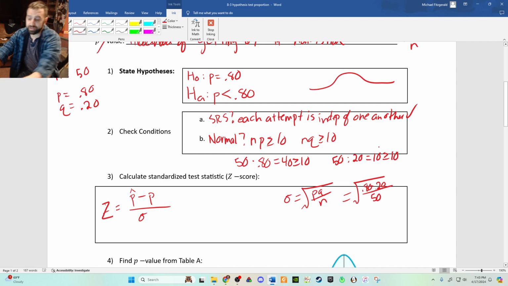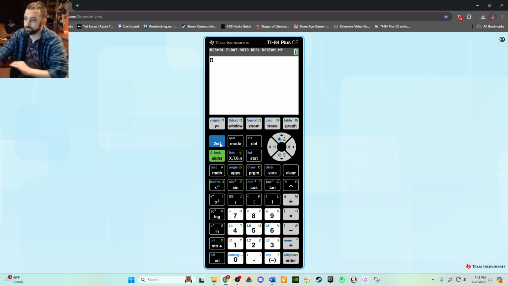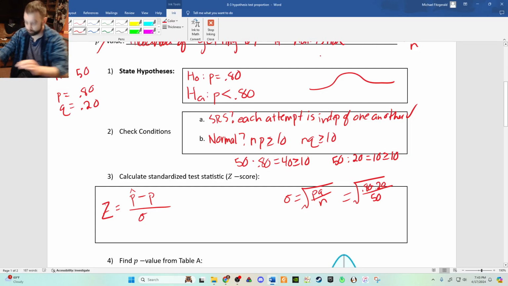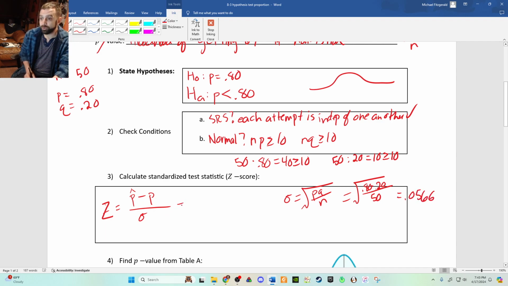Let's find that in the calculator. Square root of 0.80 times 0.20 divided by 50, I'll say 0.0566. So this is going to be my p-hat, which is my data, my 0.64 minus 0.80 divided by 0.0566. Let's do that.